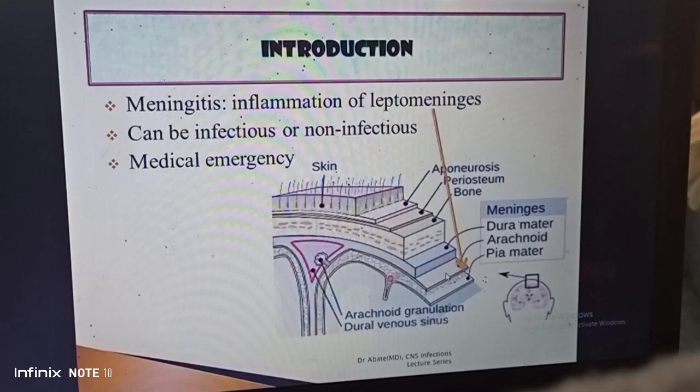Non-infectious causes include autoimmune inflammatory conditions, and sometimes tumorous conditions, which may result in inflammation of the meninges when they rupture. Meningitis is a medical emergency. It needs immediate management of the patient's condition.